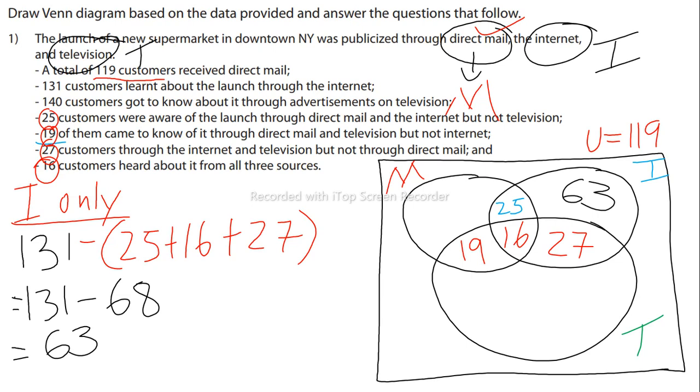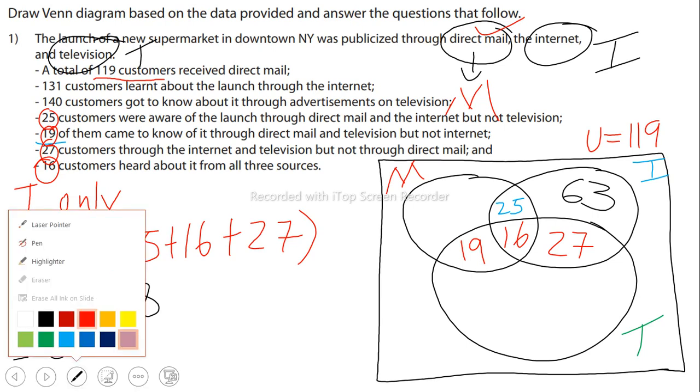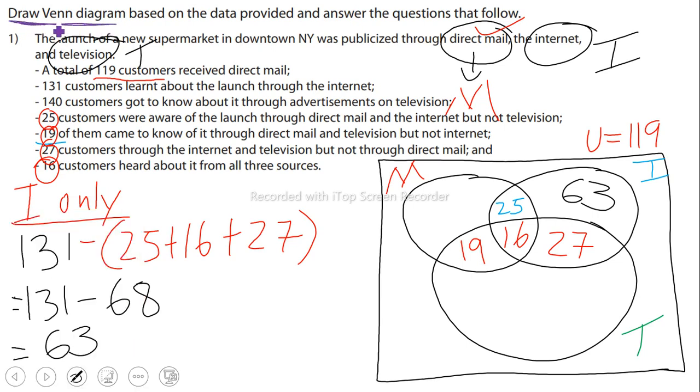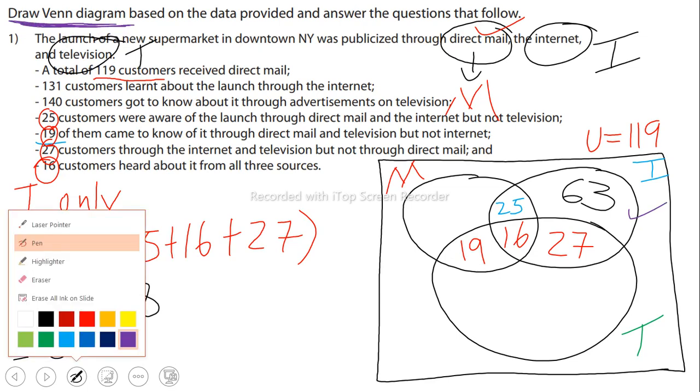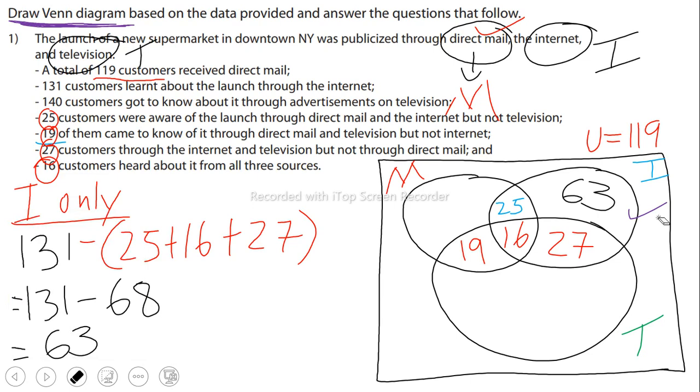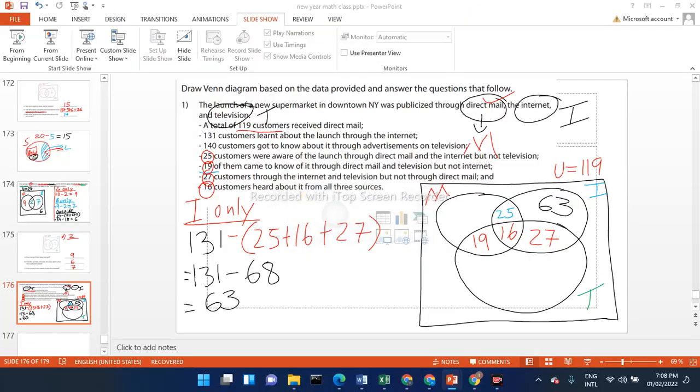The question asks us to complete the diagram. They said here, draw the Venn diagram, and you can't complete the Venn diagram without answering I only. That's missing. So that's a part of it. So before you go ahead and answer any of the questions below, make sure your Venn diagram is completed. It'll make it the world easier.